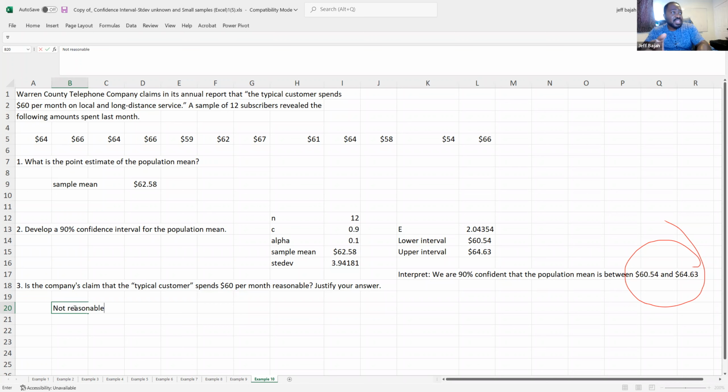At 90% confidence, we can see that a typical customer would spend probably between $60.54 and $64.63. All right?